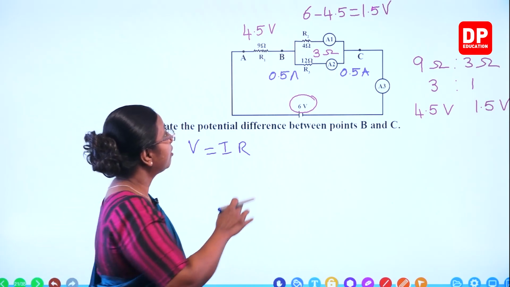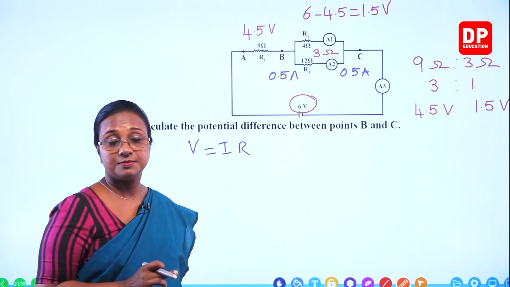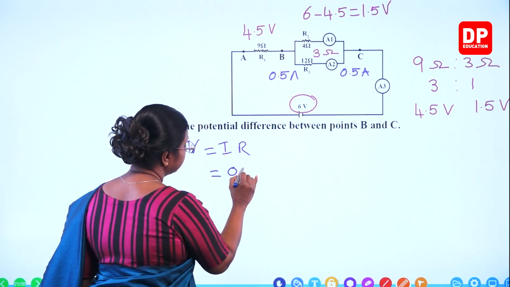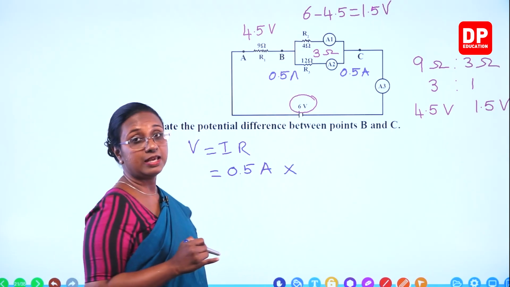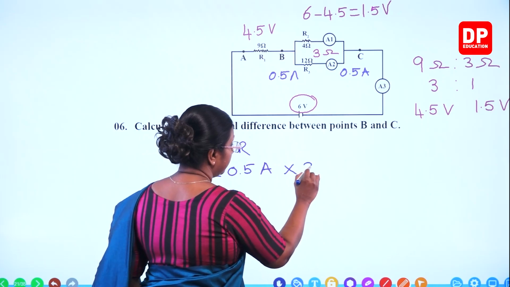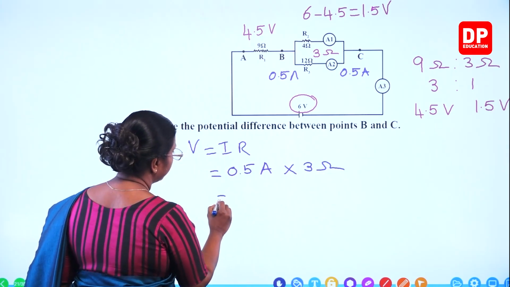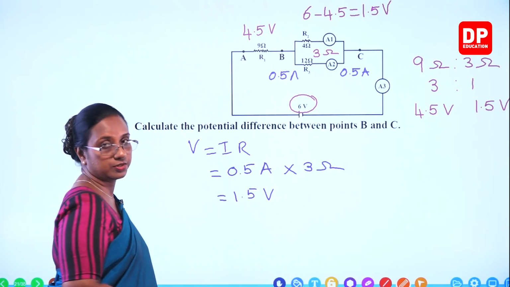So a total of 0.5 will flow through this part. Then what do we do? Here we have I as 0.5 amperes and we have calculated the equivalent resistance as 3 ohms. So 0.5 amperes into 3 ohms, you will get the value as 1.5 volts.